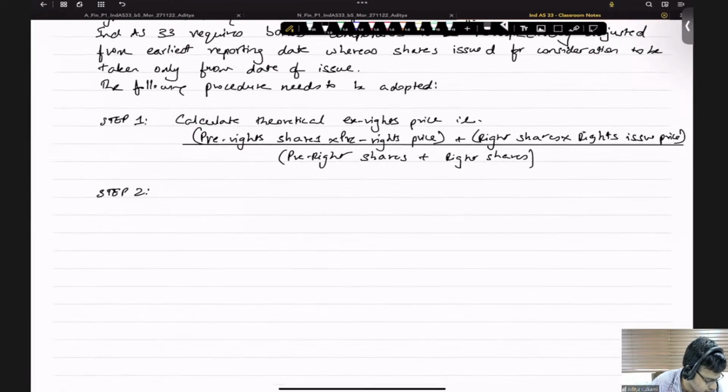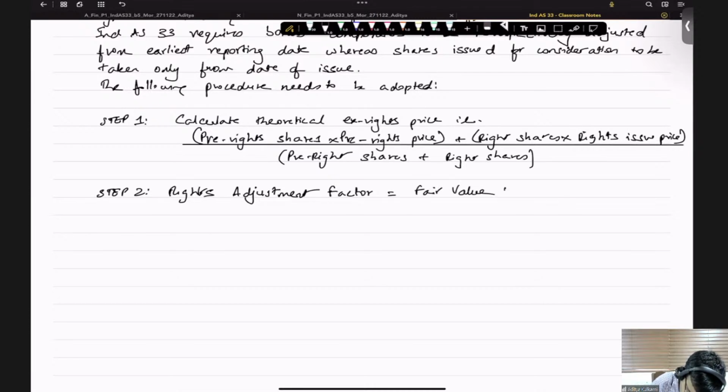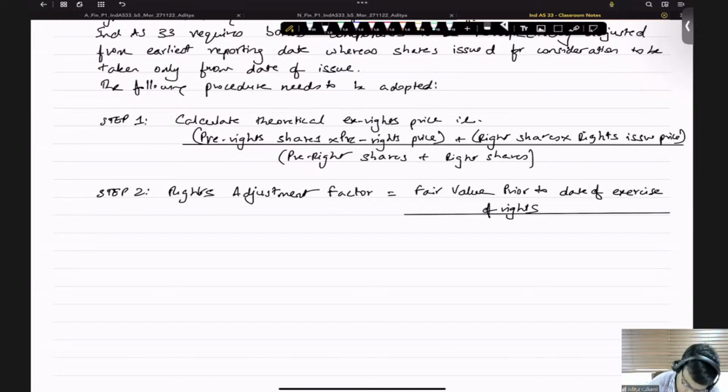Step 2, rights adjustment factor, which is equal to fair value prior to date of exercise of rights divided by theoretical ex-rights price.